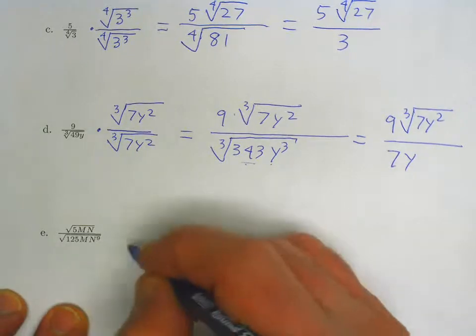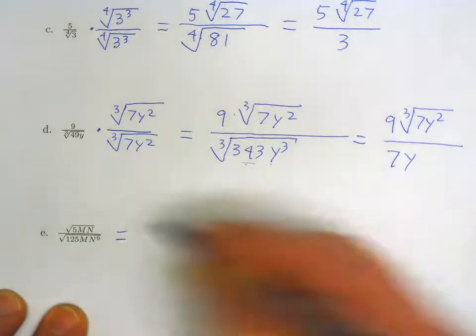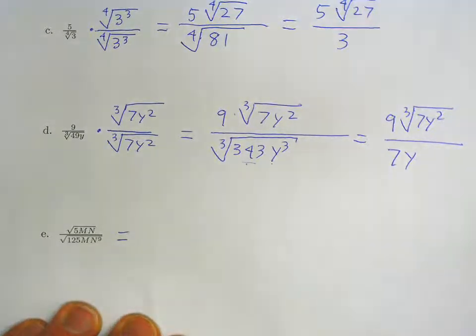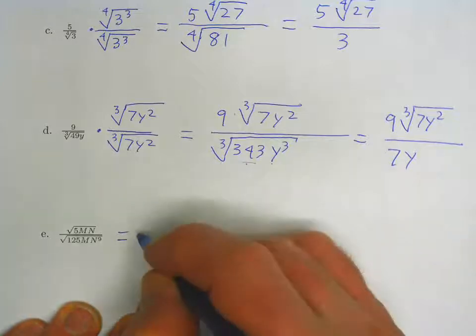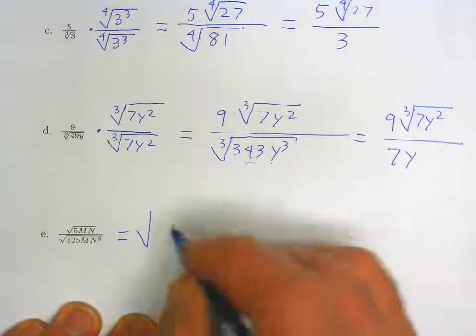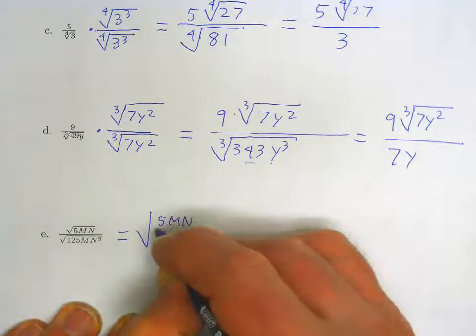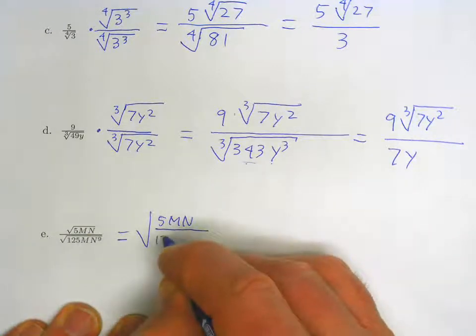Well, with practice, you can notice some things that will make things easier. And it's not really required to write it as a single square root, but it might be helpful to see what's going on.